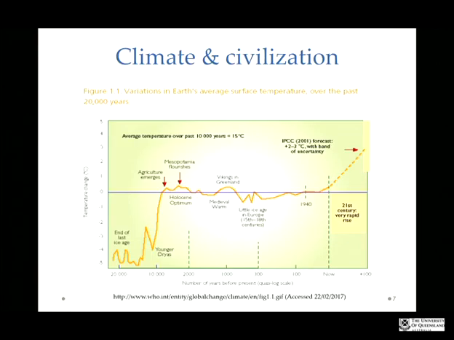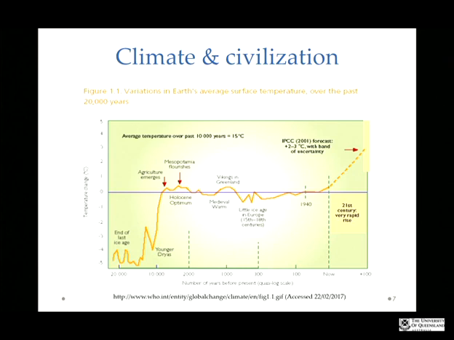So over human history, since humans evolved, descending from the apes a couple of million years ago, but particularly as modern humans, Homo sapiens, 100,000 odd years ago, 150,000, we've lived in a very stable temperature that has suited our ability.